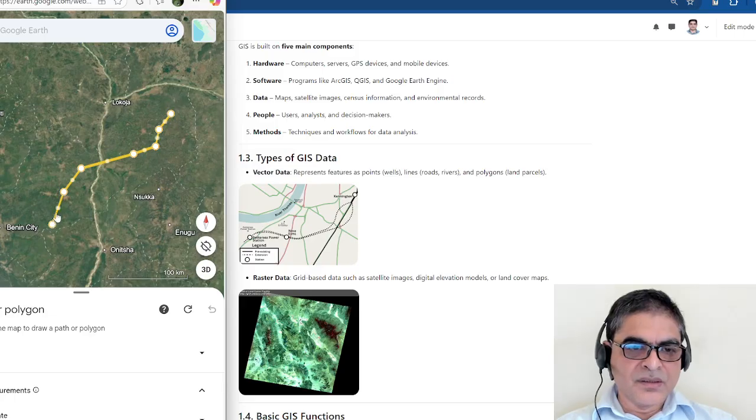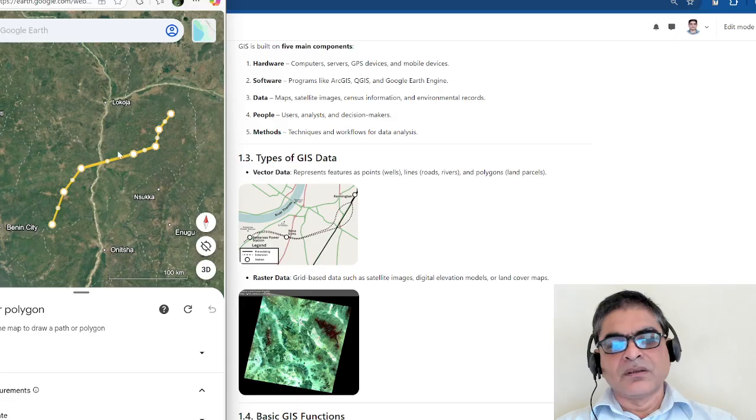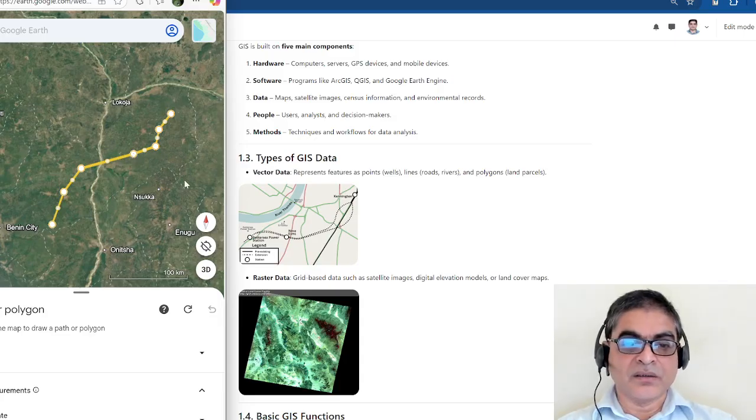This is the line, and this line has some information where I clicked. These are the points, and these points have latitude and longitude. So the information is discrete. I mean, the only information is this line. This is not continuous for any area.